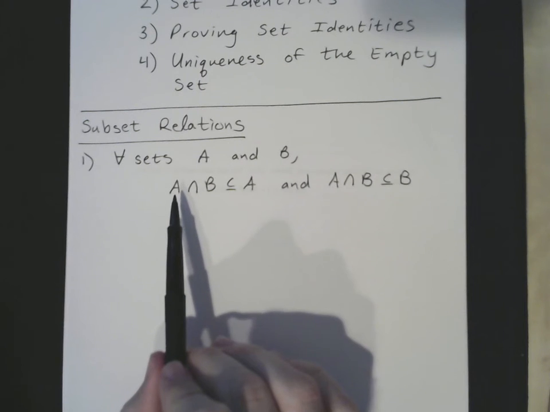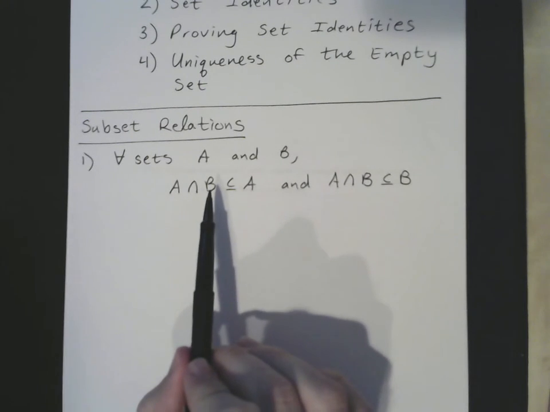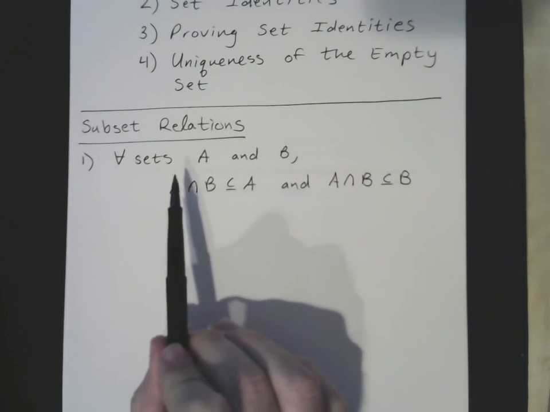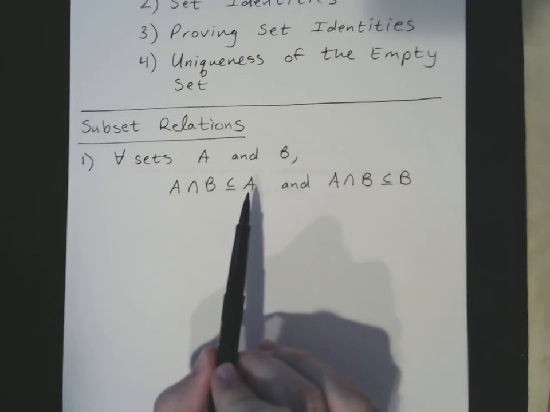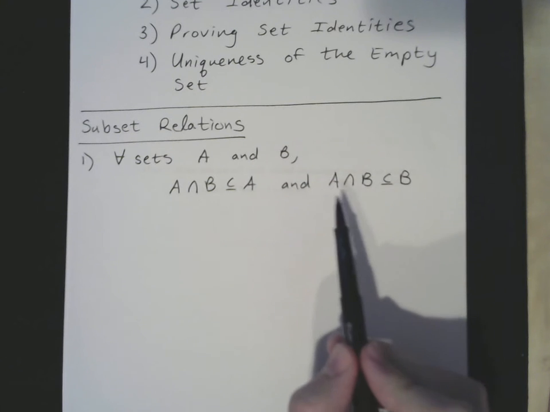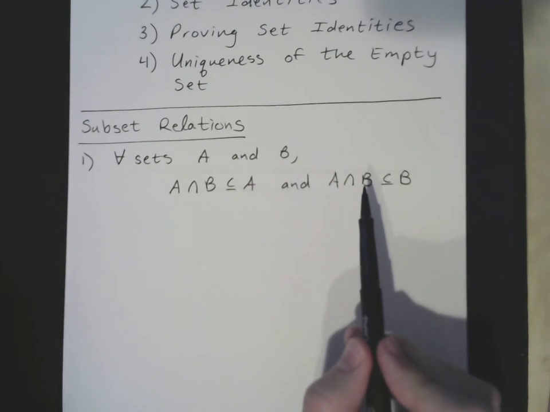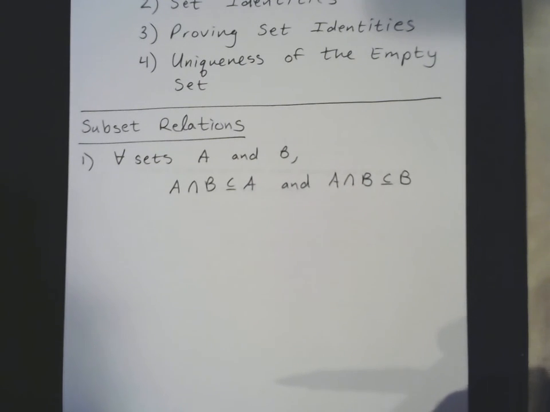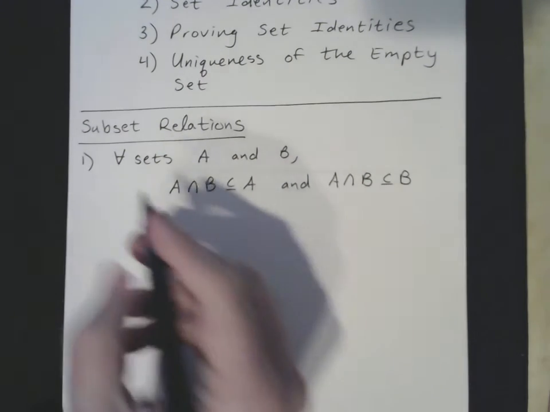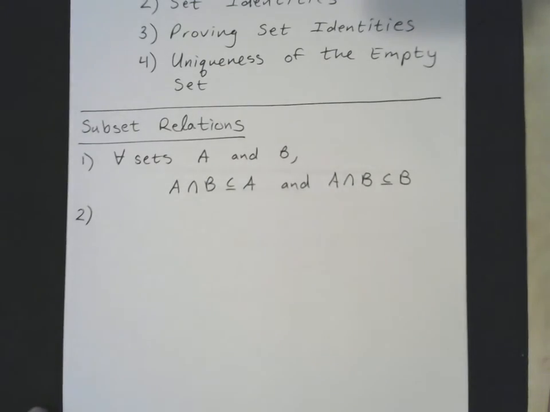If I take everything that's in A and everything that's in B, every element in this set is still an element of A, so it makes sense that it should be a subset of A. And everything in this set is still an element of B because we took things from A and B, so this is a subset of B. So that's pretty straightforward, I think.